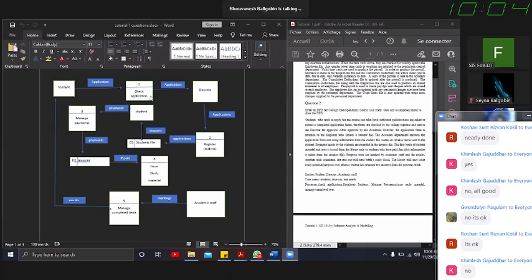Okay, so from check application, I should have drawn it to register student. No, what you can do is put the data in the data store, then you say approval by the director. It's not application, it's approval, then you register the student.